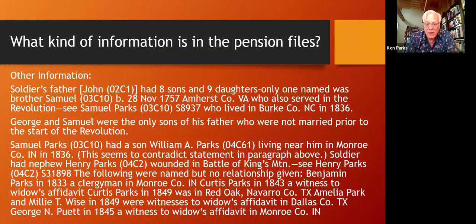Benjamin Parks, who was a clergyman in Monroe County, Indiana, and so forth. So all of this information, and then going on down, a widow's affidavit in Red Oak, Navarro County, Texas. So you can see that the family was moving on, obviously, from Virginia to North Carolina to Indiana, and then on to Texas. So lots and lots of good stuff in some of these.